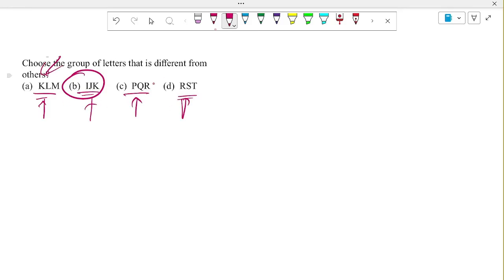They all are in sequence, not a problem. But you need to find any other property that will make this one stand out of all these. So if you look at this, they say that there is a vowel here, but in all other cases it is not. So the answer of this question they have given as B.